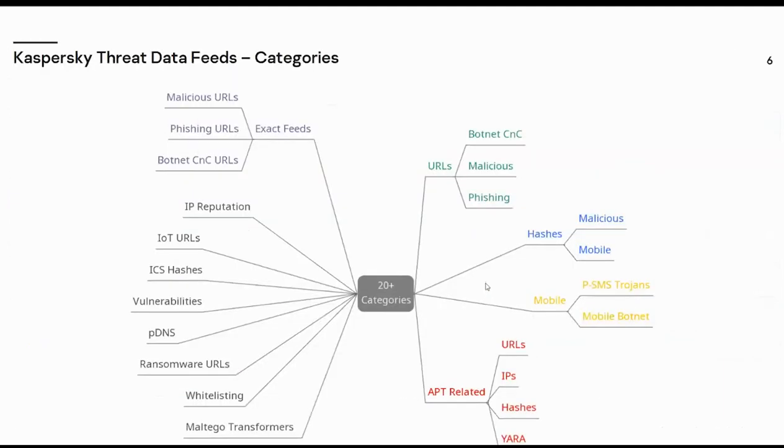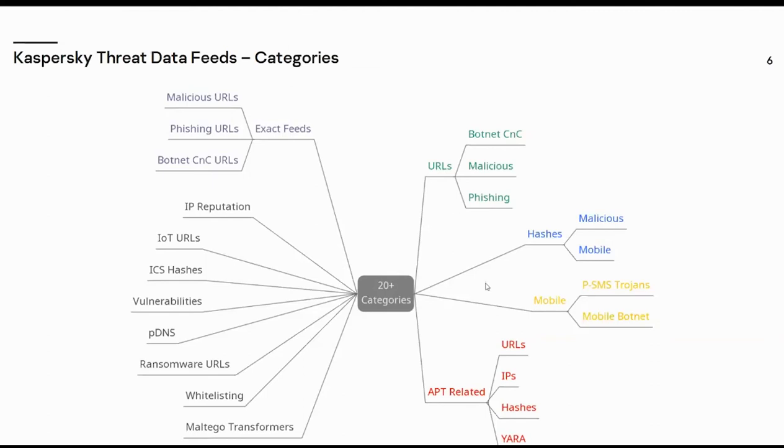Now, one of the other benefits of threat intel is the fact that it is quite modular. It's quite easy to build a package that would include the intel that you specifically need for your requirements, and use it in the manner you think most appropriate for your organization.